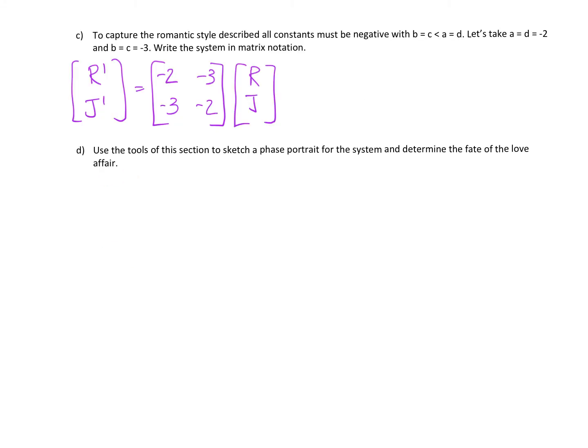Use the tools of this section to sketch a phase portrait for the system and determine the fate of the love affair. Okay, so the tools are eigenvalues, eigenvectors, sketch a phase portrait.